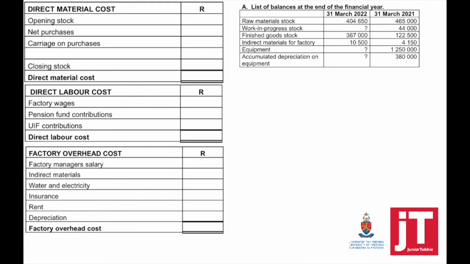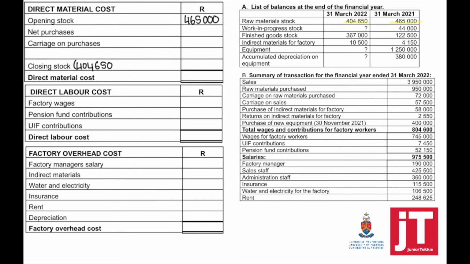If I look at the list of balances at the end of the financial year, what have they provided me with? The opening stock for direct material cost. They provided me with the closing stock, so I'm going to fill it in brackets because you don't know if there is an adjustment to it. If we go through the list of transactions, raw materials purchased, 950,000.